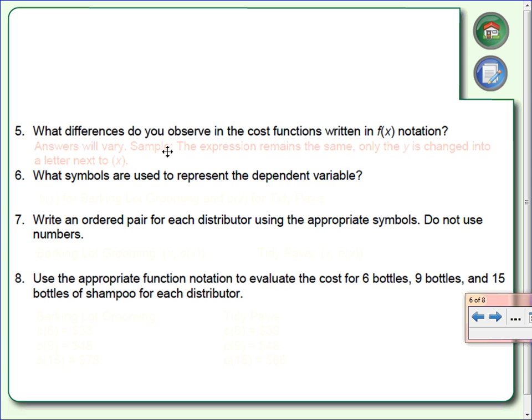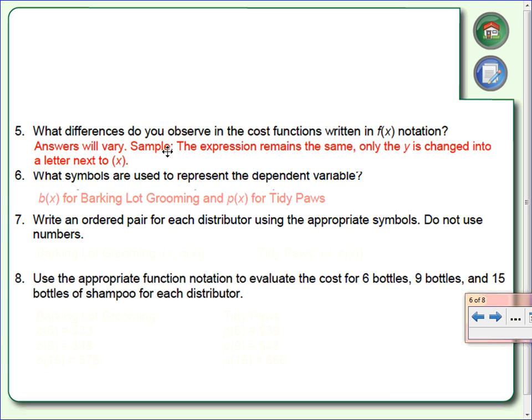Number 6. What symbols are used to represent the dependent variables? Well, first of all, dependent, those are the y's. Now, what were we using for the y's? Well, it depends on which one we're talking about. We use b of x for the barking lot grooming. We use p of x to represent the tidy pause. This is what we use for our y values.